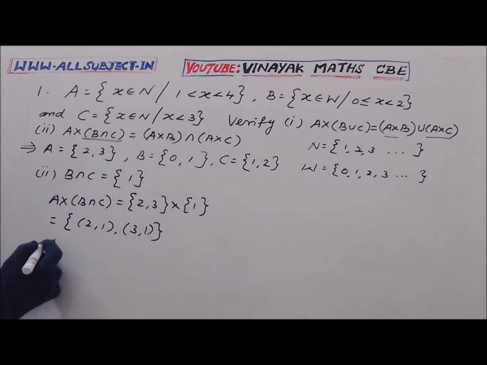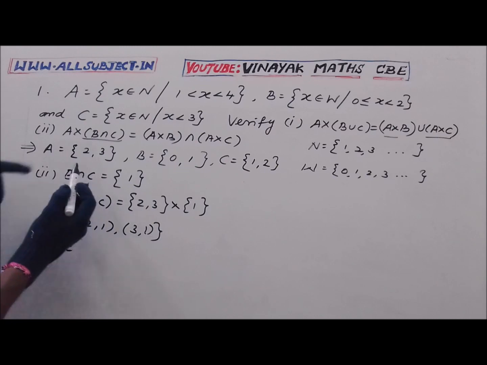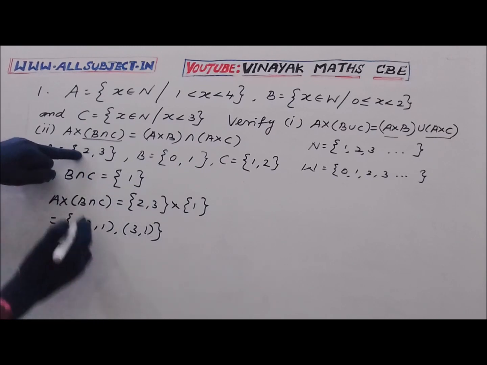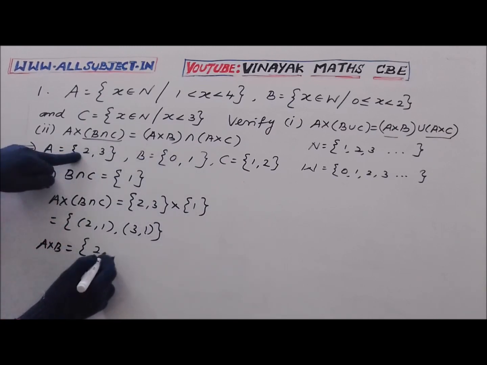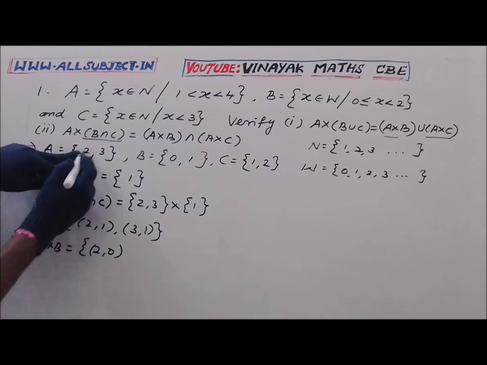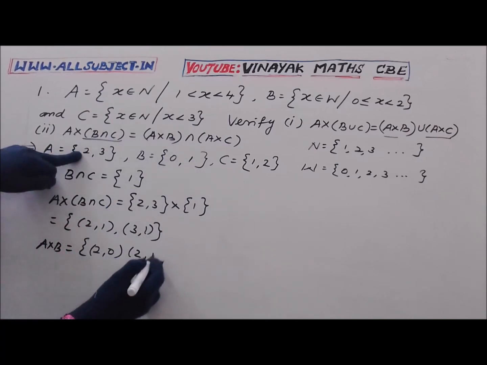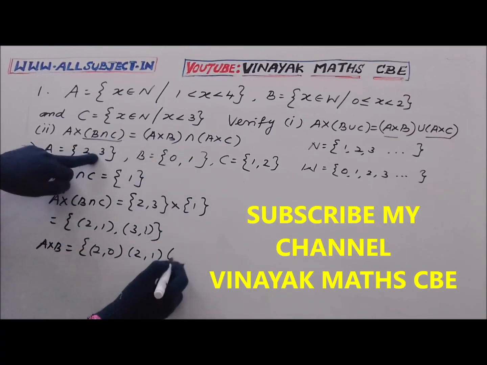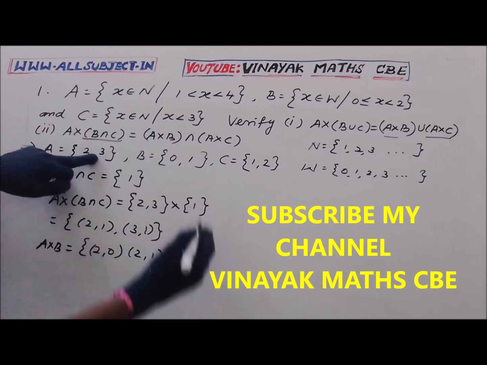A cross B equals the cross product of A and B. Here we have (2,0) and then (2,1). Next (3,0) and (3,1).